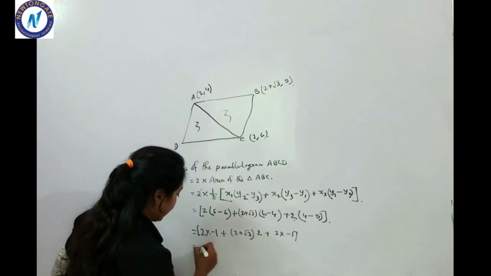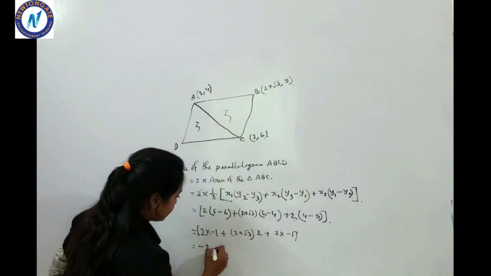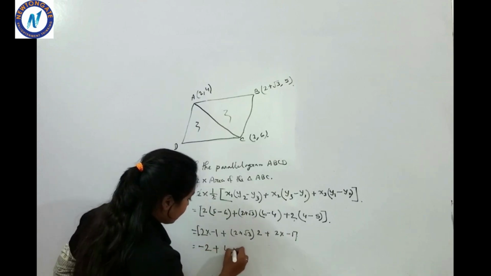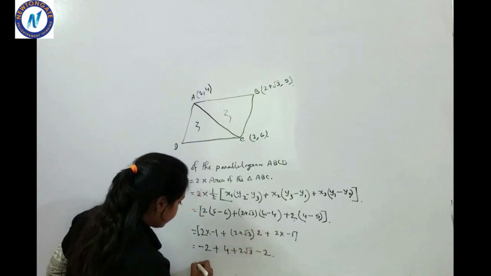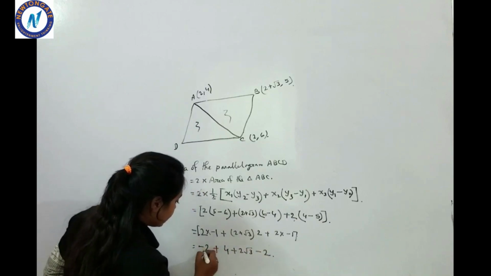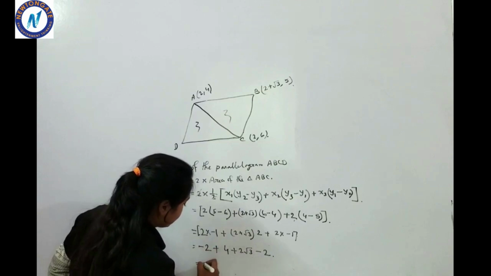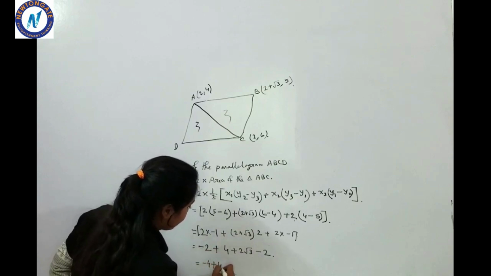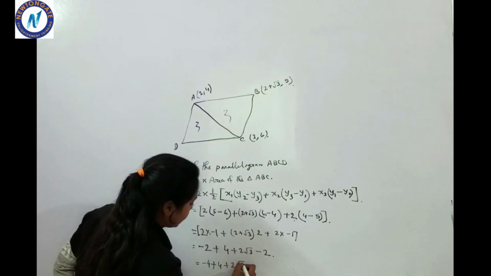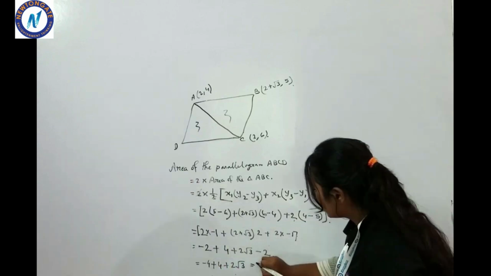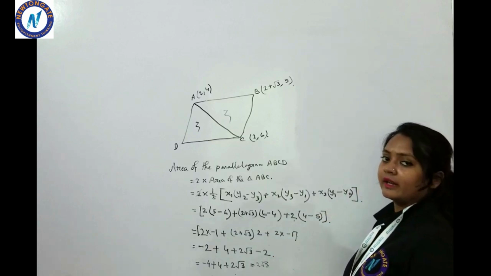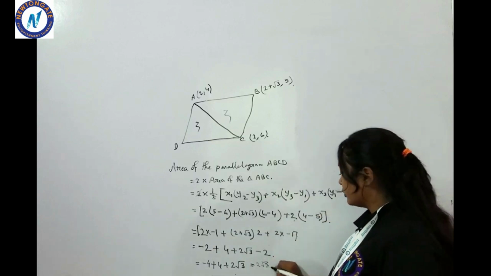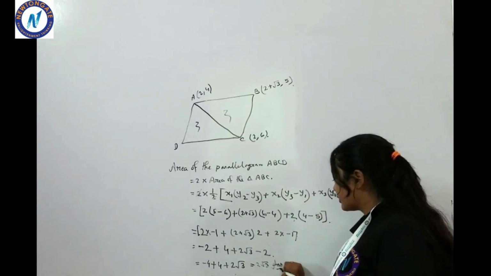Then the value is minus 2 plus 4 plus 2 root 3 minus 2. Then minus 2 minus 2 means minus 4, plus 4 plus 2 root 3 is equal to 2 root 3. Then the area of the parallelogram is 2 root 3, and that is the answer of question number 7.